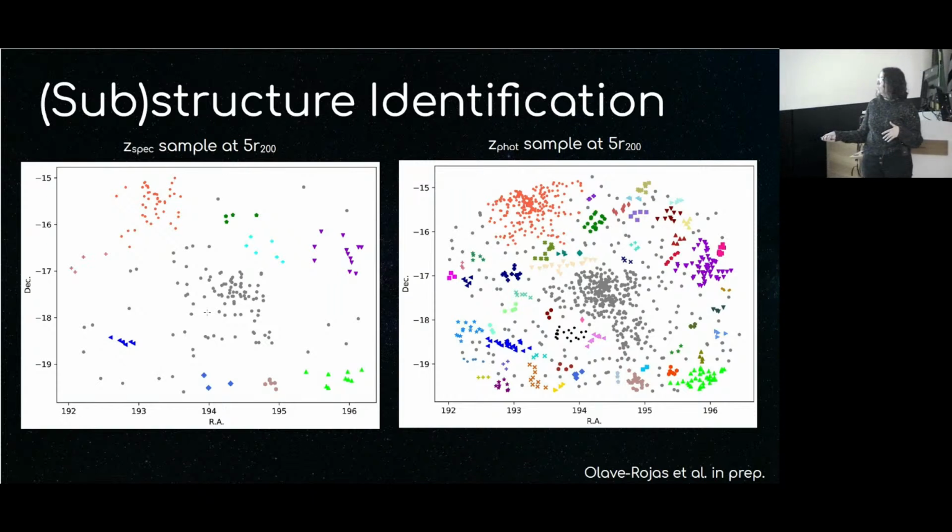And this is due to the fact that in the inner regions of galaxy clusters, you have a very big number of galaxies or substructures that are projected over others, and Calzagos uses clustering algorithms based on probability through Gaussian mixture models, and also based on the density of the points.